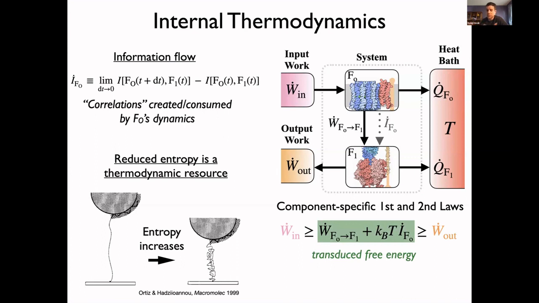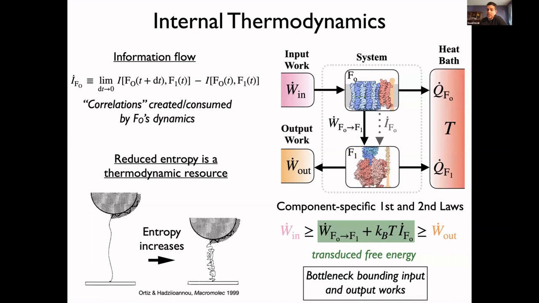So we call this a transduced free energy because it has energetic and entropic components just like a conventional free energy. And so you've basically got this bottleneck quantity, this transduced free energy, that mediates between how much work you need to consume and how much work you can put out. So it's a thermodynamically important quantity. And we've made use of this to think about subunit level efficiencies and how you infer those in actual experiments. I'm not going to talk about that today.